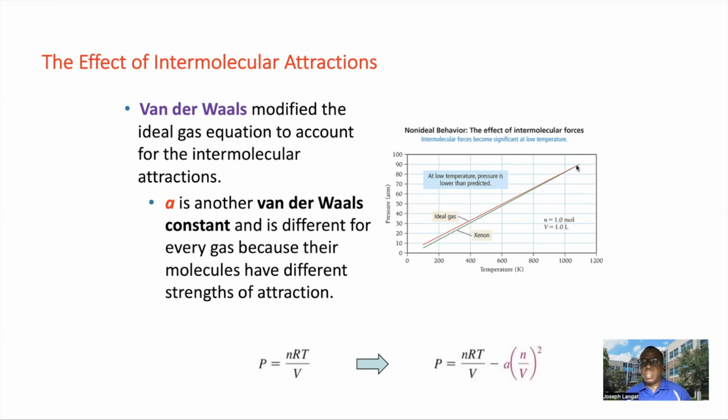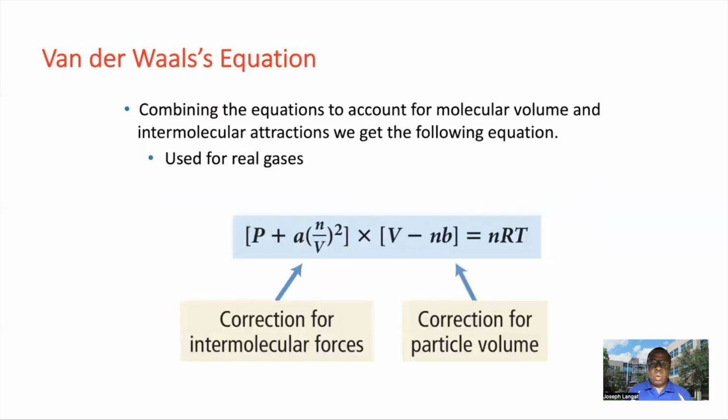But at low temperatures, some real gases start turning into liquid, which is no longer a gas. So the van der Waals equation is used to calculate the pressure or volume of real gases.